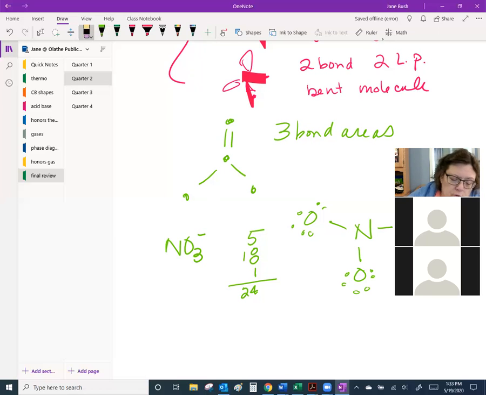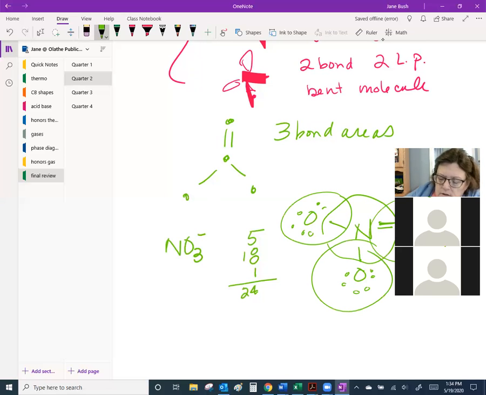So we're going to move these 2 over. Now, 2, 4, 6, 8, for each atom. Questions about that? No. We're good with that? All right.